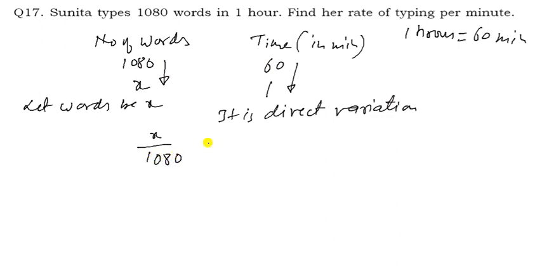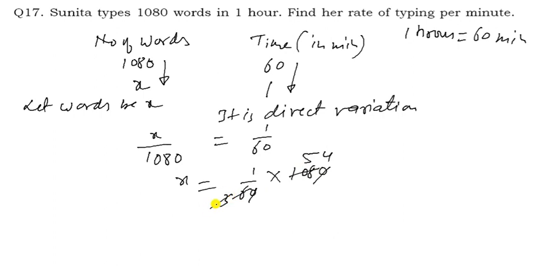So x upon 1080 is, and it is 1 upon 60. So x will be equal to 1 upon 60 into 1080. Now 0 will be cancelled out with 0, and 2 3s are, and 2 5s are, and 2 4s are. So 3 1s are 3, and here 3 1s are 3, and 3 8s are.